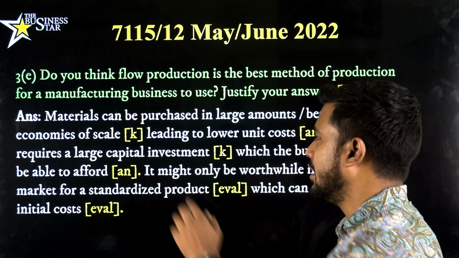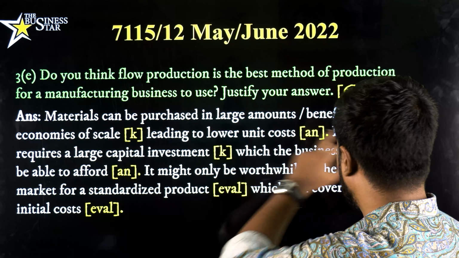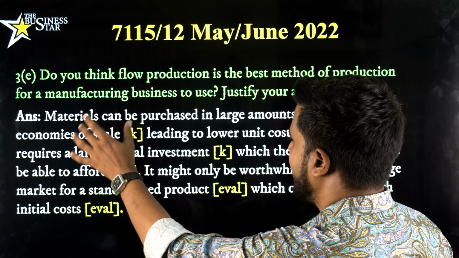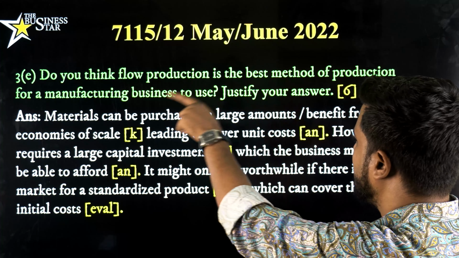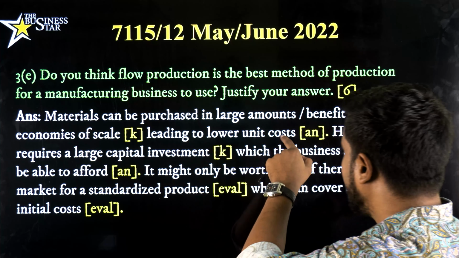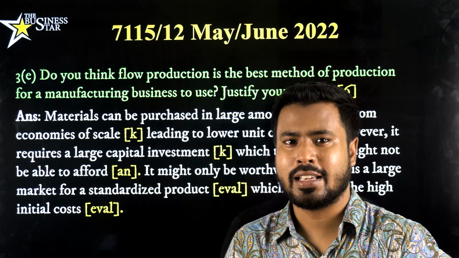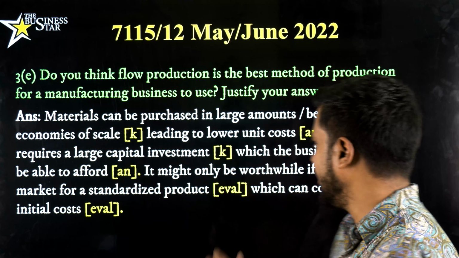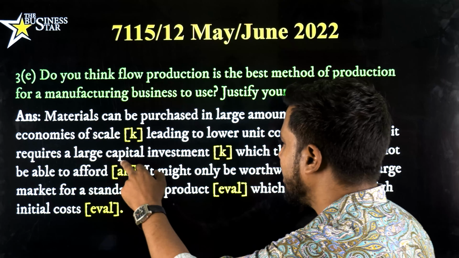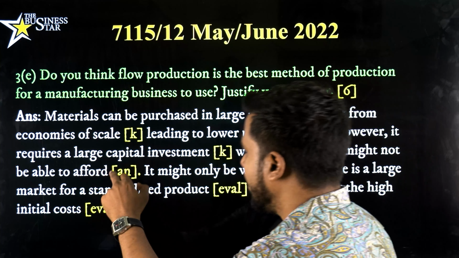So let me read it out. Materials can be purchased in large amounts, benefits from economies of scale. So materials can be purchased in large amounts if we use flow production. As a result, we can benefit from economies of scale, leading to lower unit cost. So we know that when there is economies of scale in a business, the average cost decreases. However, it requires a large capital investment, which is the knowledge, which the business might not be able to afford.